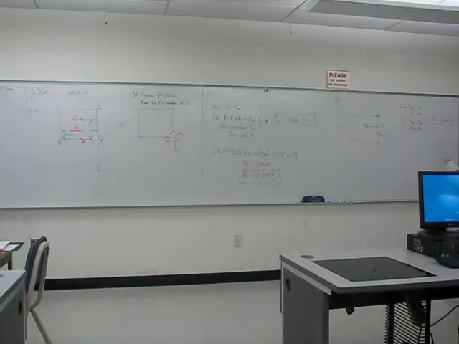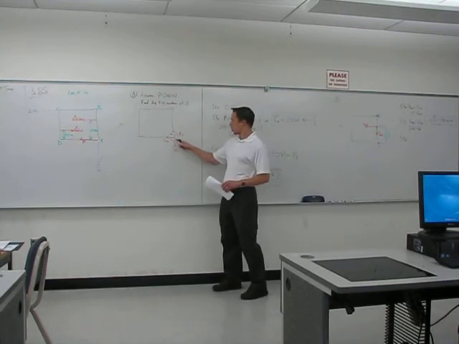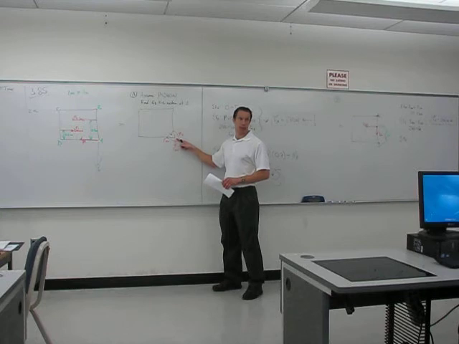So let's take the sum of the moments around some point now. I'll choose the point A. Seems like a logical point to choose. You could choose any point, it doesn't have to be A. But I choose the point A because, just like we had before, FAX, FAZ create no moments around the point A in this picture.